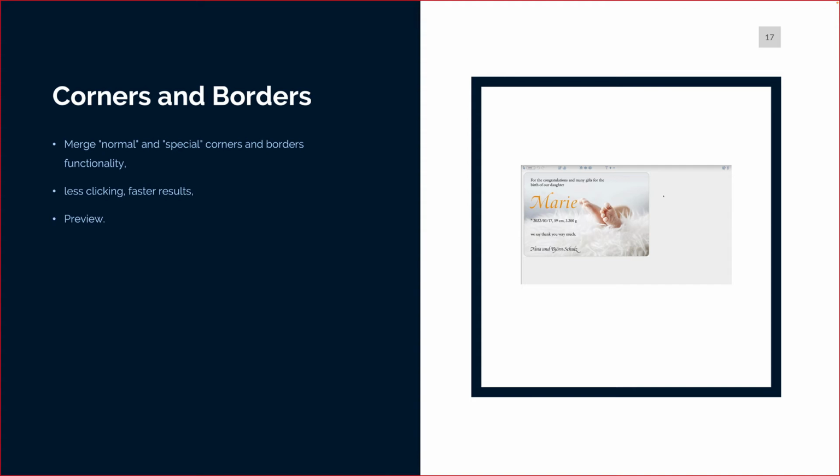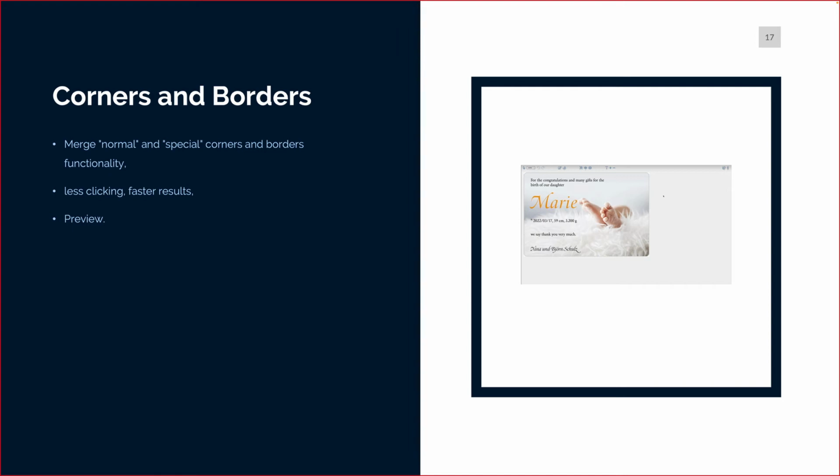So you have to click for the size of my borders, I have to click for my font, for my border color, for the border style, and also for the corners. It's very many clicks for not so much.